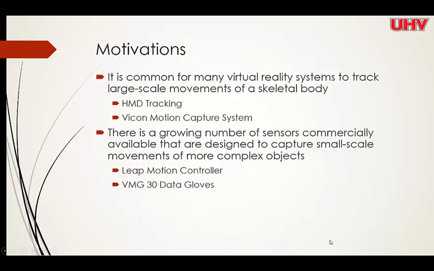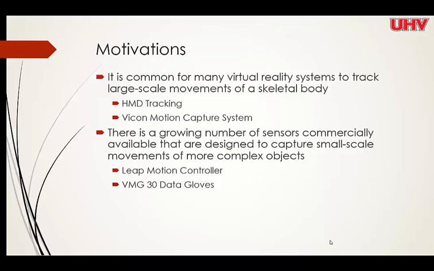And then look at how we can add a layer of interactivity to this system by introducing small-scale motion capture mechanisms for detecting users' hand gestures. So that's basically the idea, bridging these two gaps.